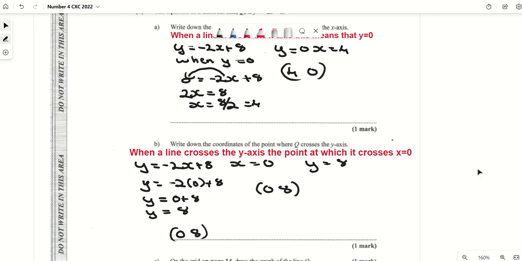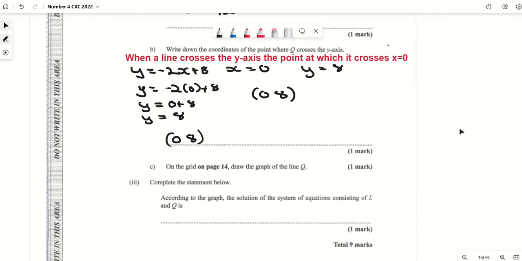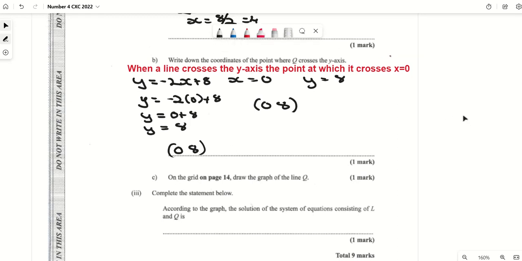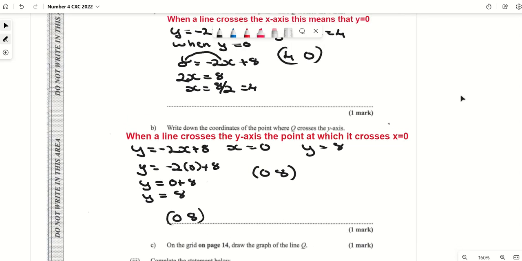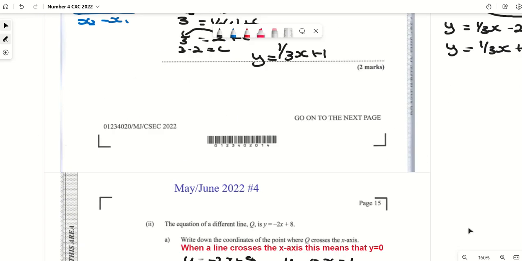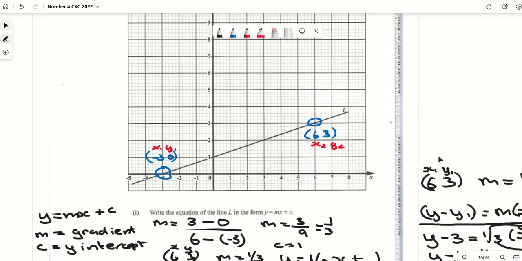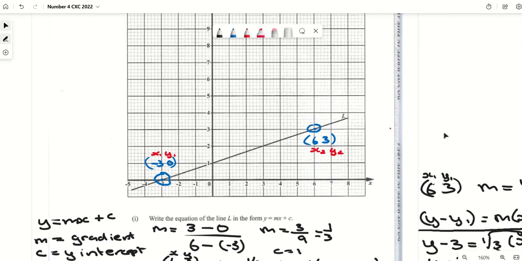Right? So now let's go down. On the grid on page 14, that is above, draw the graph of the line Q. To do that, we're going to plot the two coordinates. We know that the first coordinate is (4, 0). Obviously, guys, when you're in CXC, you have to write in pencil.